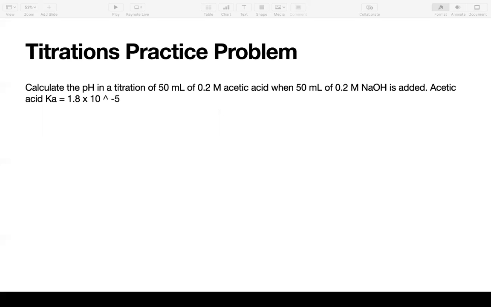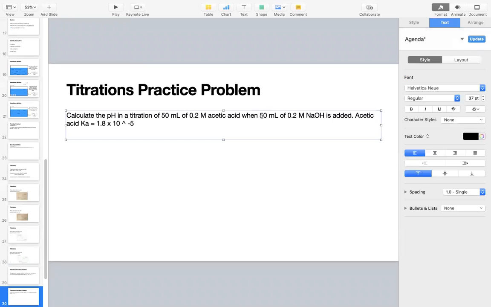Okay. Yeah. I believe this problem is also on page 272. I think this is a typo. 50 of 0.2, 40 of 0. Okay, so this is supposed to be a 40 right here.